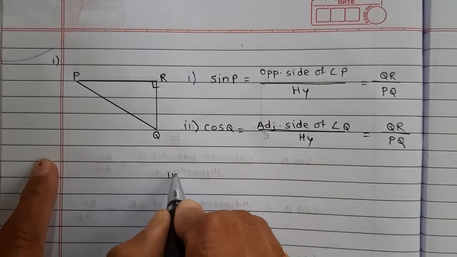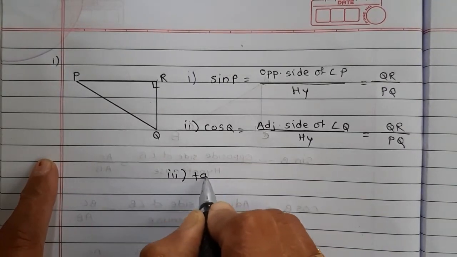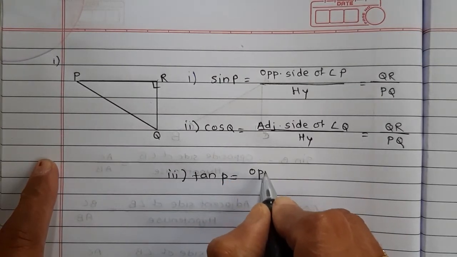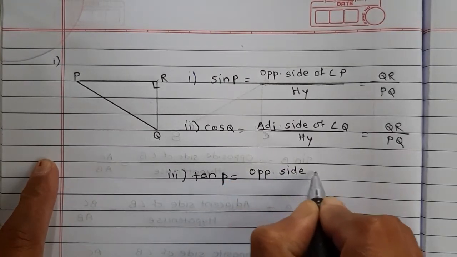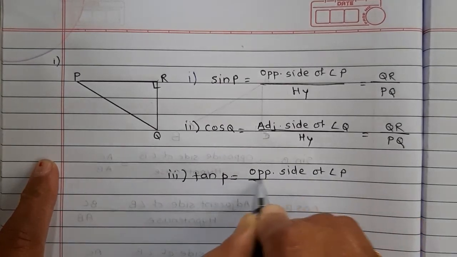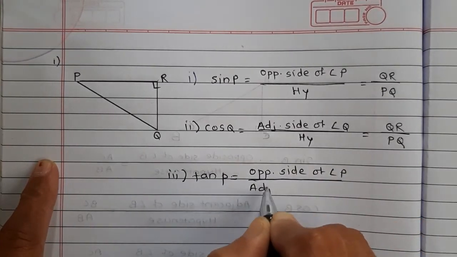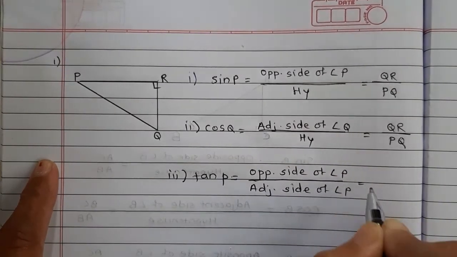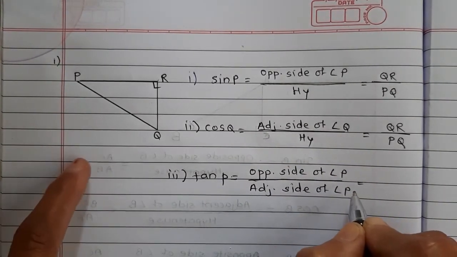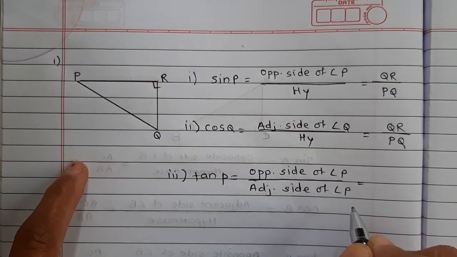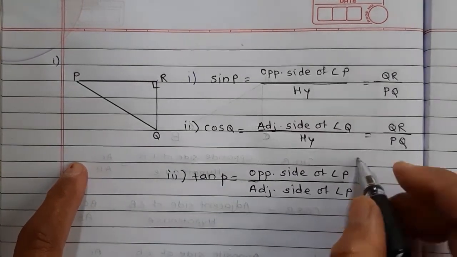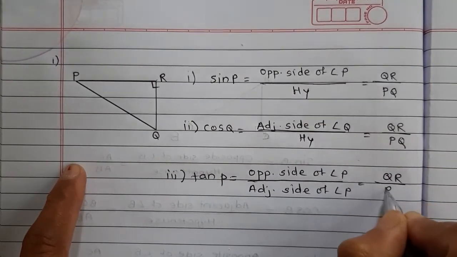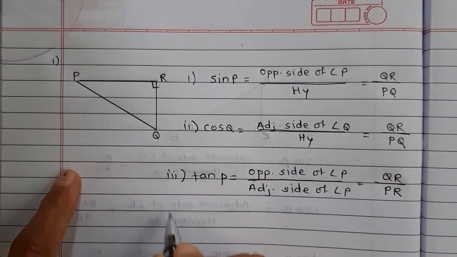Then the third one, tan P. Tan means opposite to adjacent. Opposite side of angle P to adjacent side of angle P. Now which side is opposite to angle P? That is QR. And which side is adjacent to angle P? That is PR. So QR upon PR.